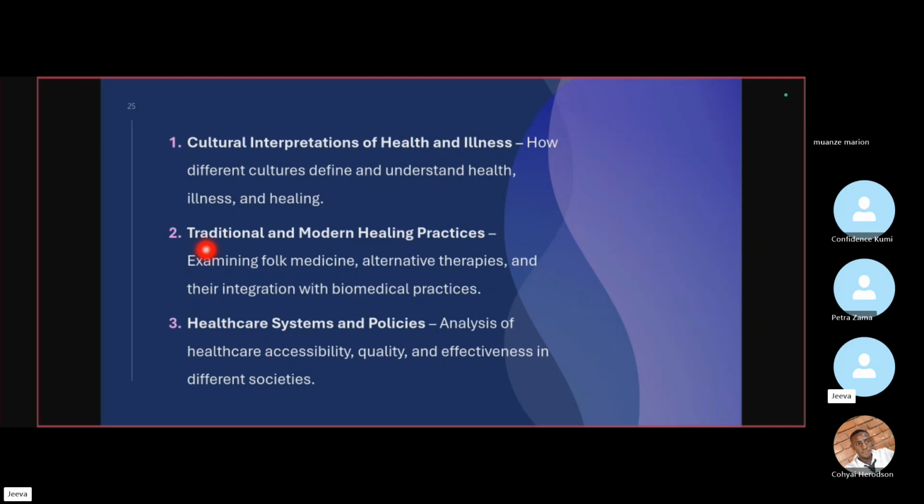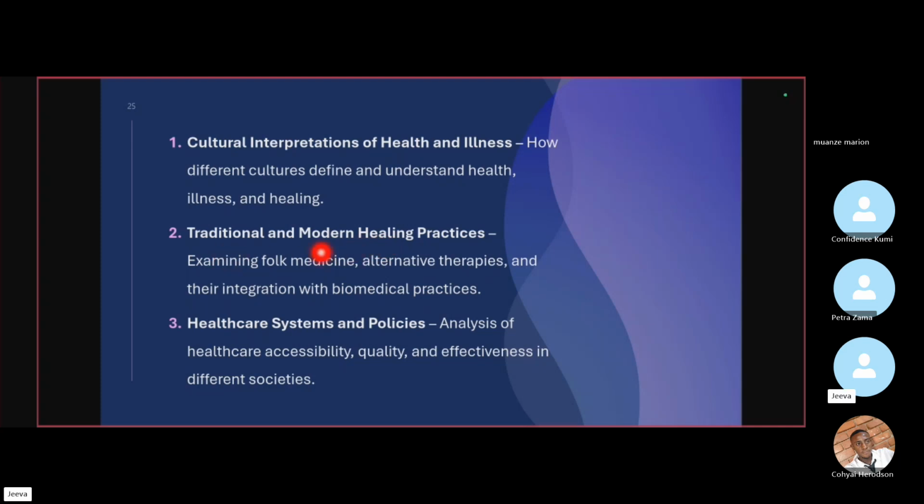Second one is the traditional and the modern healing practices, like examining folk medicine, alternative therapies, and their integration with the biomedical practices. If you have seen, there are different medical treatments available. Traditional techniques like herbs are given, whereas in the modern treatment, they go to the hospital and get the prescribed medicines.